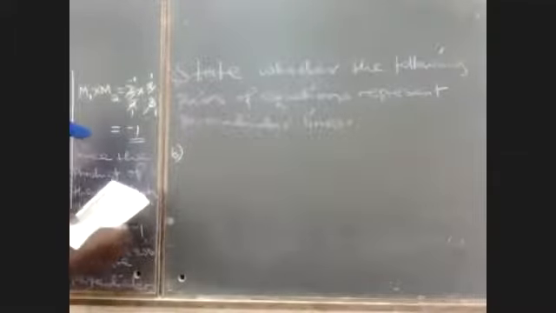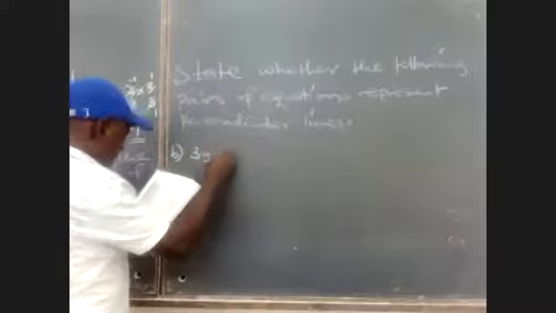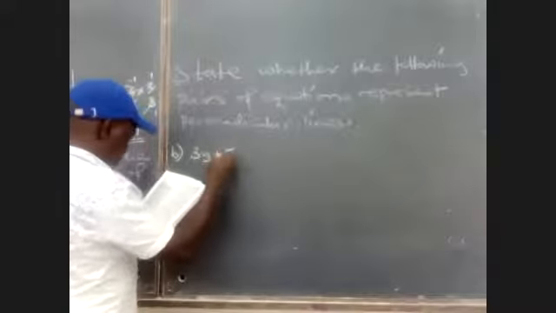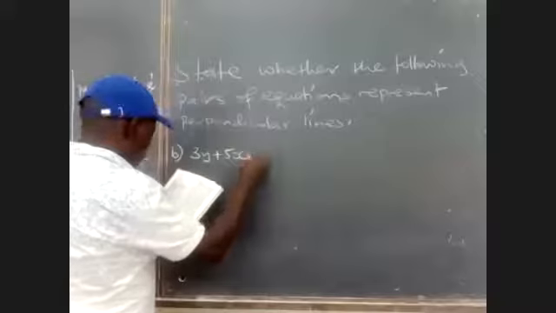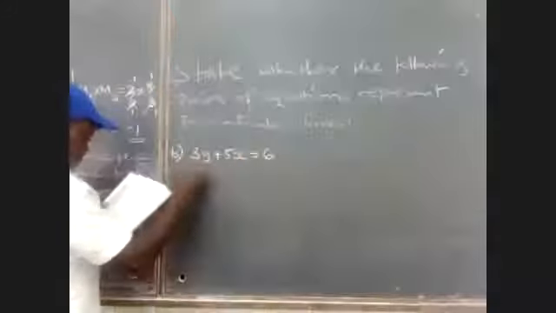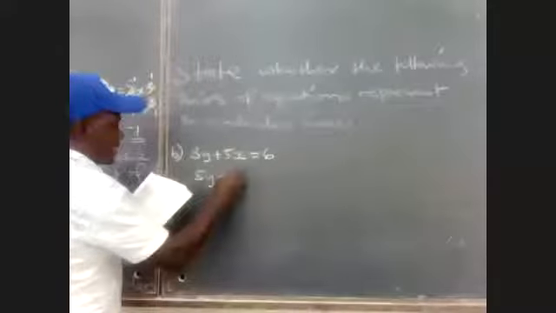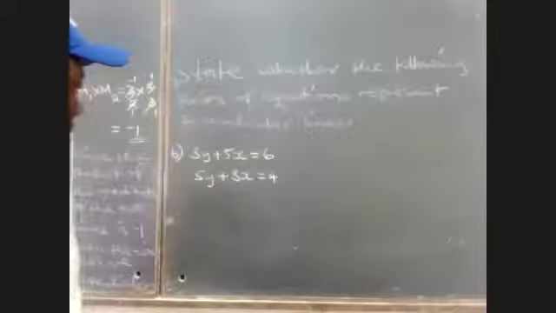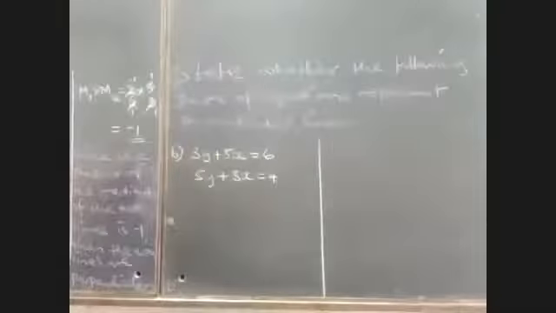I have 3y plus 5x is equal to 5y plus 3x. Okay, who can I move with? For part B, who can I move with?